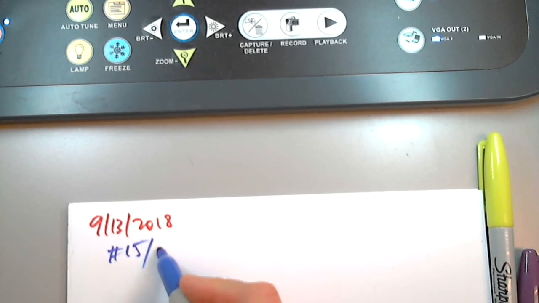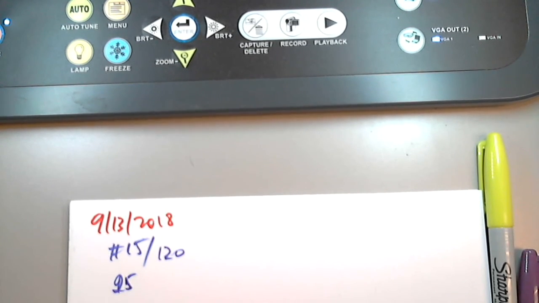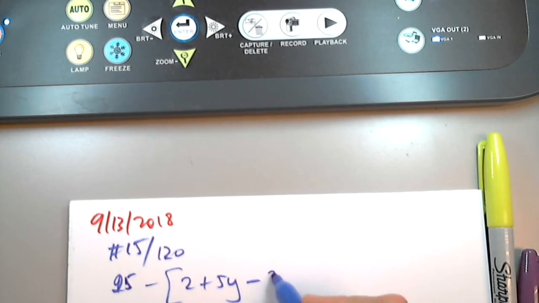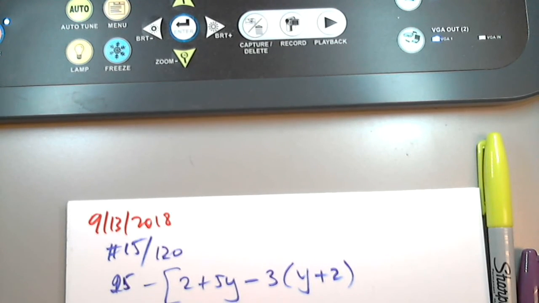So we have 25 minus bracket 2 plus 5y minus 3, open a parenthesis, y plus 2. Now close the bracket and the equal symbol.